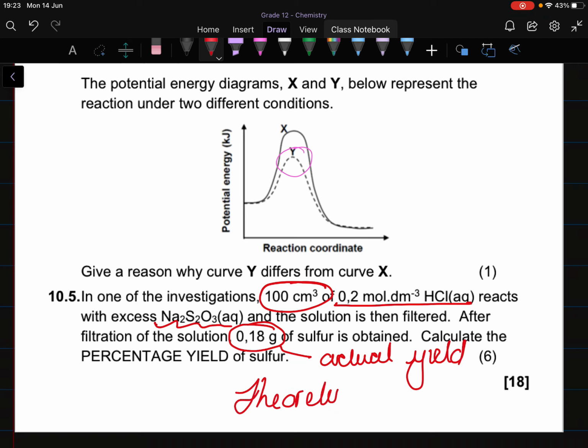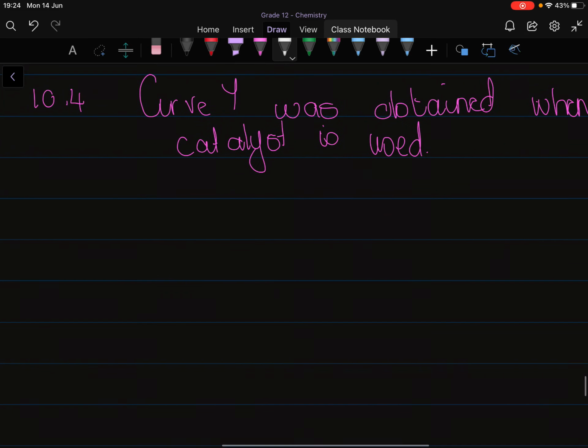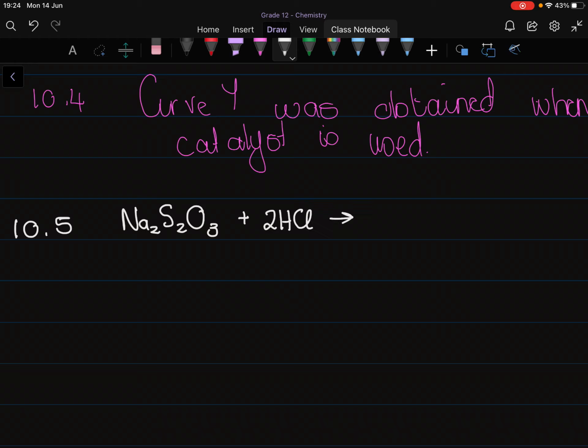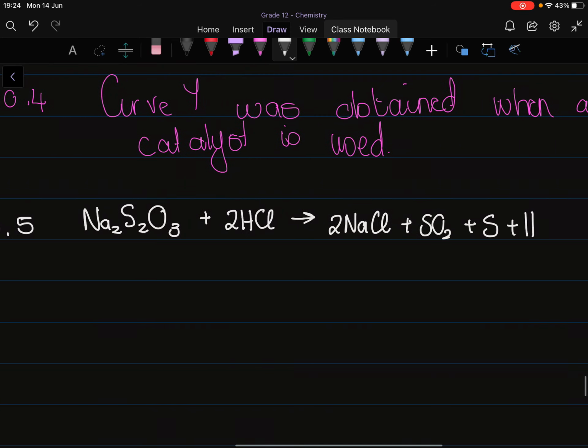I need to calculate theoretical yield. So let's do this one step at a time. First thing we need is from the chemical reaction, we need the ratio of the hydrochloric acid to the sodium thiosulfate. Okay, so this is 10.5. The original reaction they gave you was Na2S2O3, 2HCl, I don't need to worry about the phases, 2NaCl plus SO2, and this just goes on forever, S and H2O.